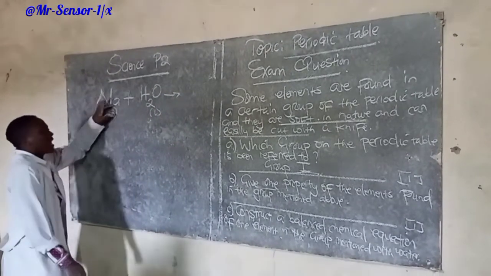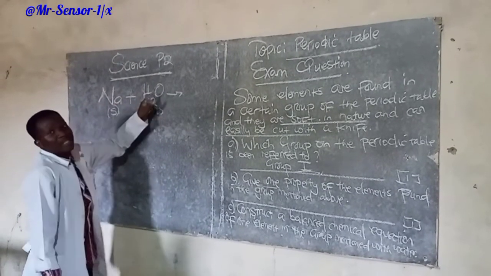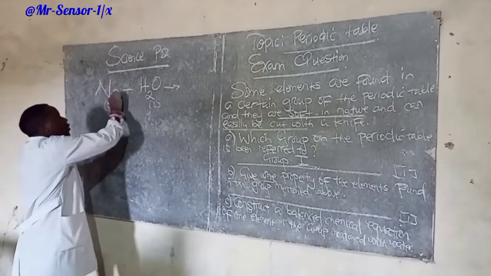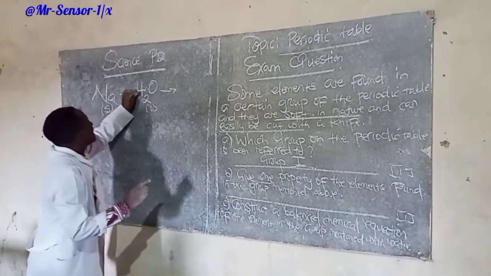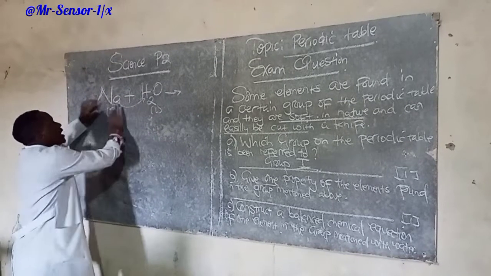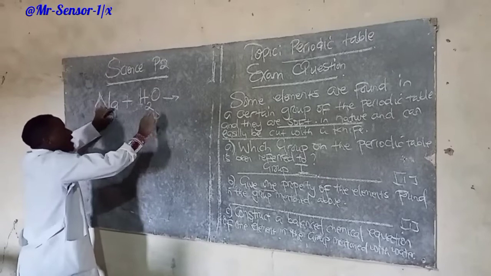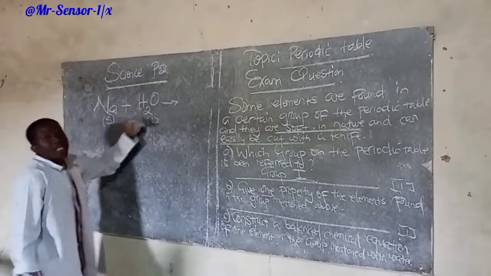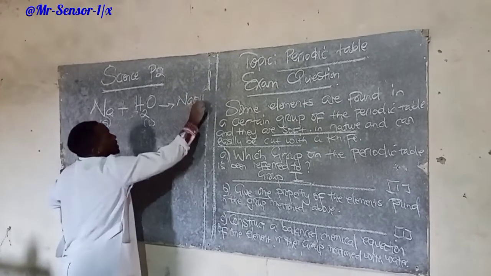This type of reaction is a displacement reaction. Sodium will displace hydrogen from its compound because hydrogen is less reactive than sodium. So sodium is going to combine with the OH of the water, which is liquid, to give sodium hydroxide.